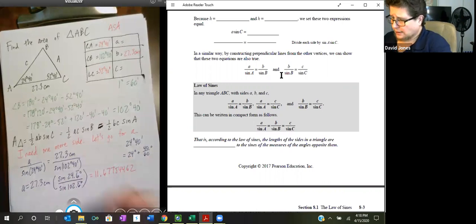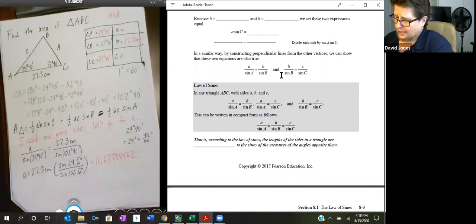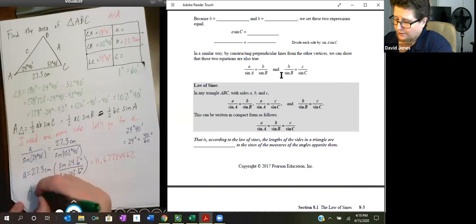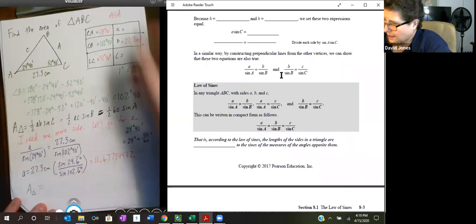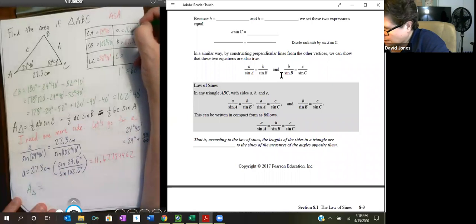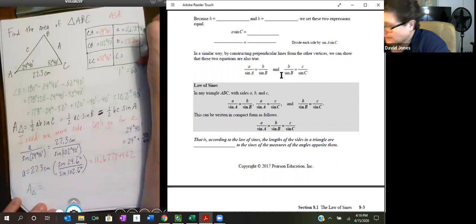So let's do the area of the triangle. I don't want to round here until the end.